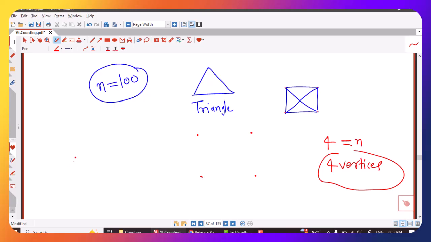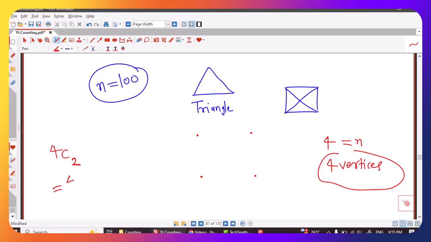So that number is equivalent to the fact of selecting two vertices out of four vertices. So the number of line segments which can be drawn using these four vertices is equivalent to the fact that in how many ways we can select two vertices out of four vertices.